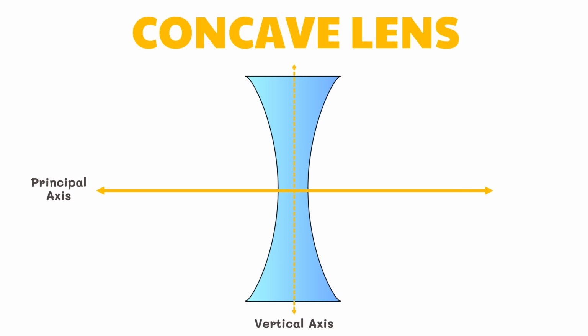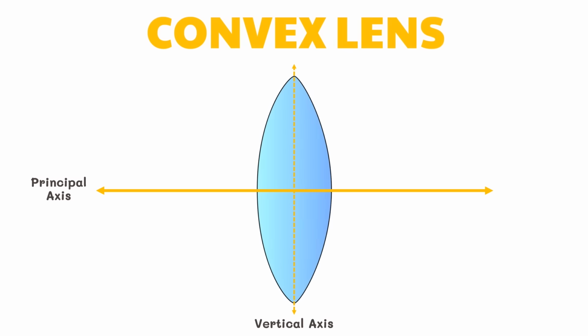This intersection point is known as the focal point of a concave lens. Note that each lens has two focal points, one on each side of the lens. Unlike mirrors, lenses allow light to pass through either face, depending on where the incident rays are coming from. Subsequently, each lens has two possible 2F points.